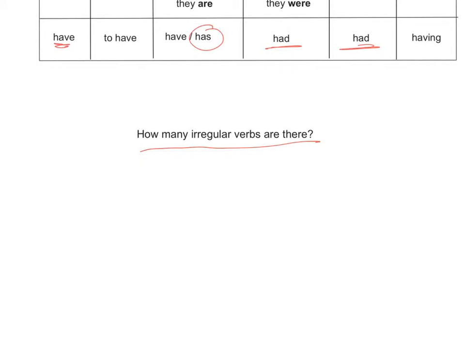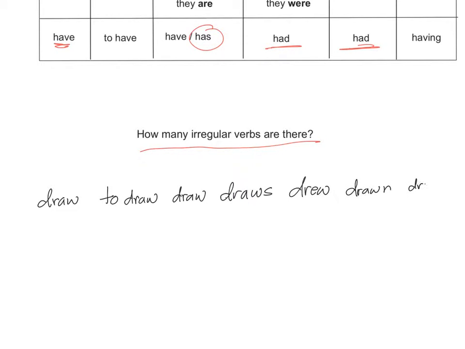For instance, if I give you the irregular verb draw, the bare form is draw, the infinitive form is to draw, the simple form is draw, the simple third person form is draws, the preterite form is drew, the past participle is drawn, and the present participle is drawing.